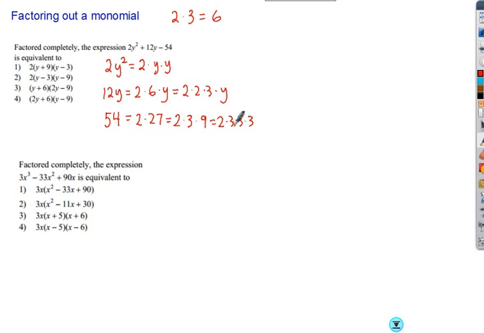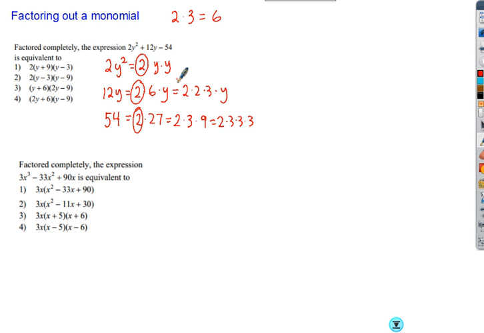What I'm really looking for here, though, is what they have in common. And if I look at this, they all have a 2. Every single one of them has a 2. Of course, this expression has more than one 2, but it doesn't have a y, right? So this is what they have in common. So this then is a factor, because we broke these numbers up, right?